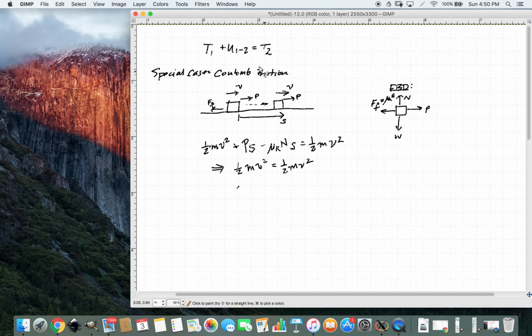So if we have T1, T2, if this work term is 0, it means, apparently, that there was no net work. All right? And we could even say also, no change in energy.